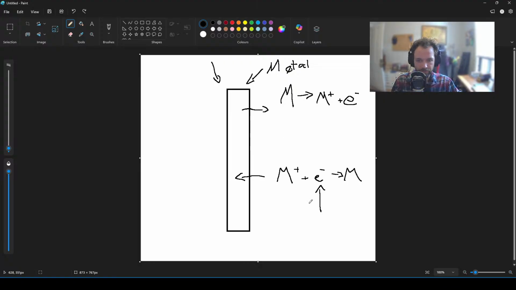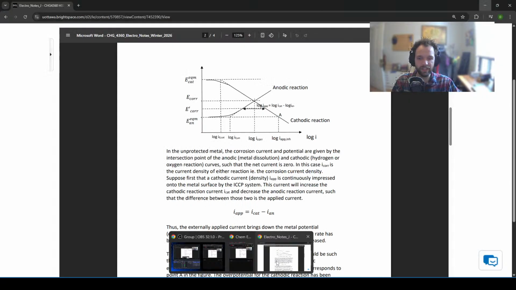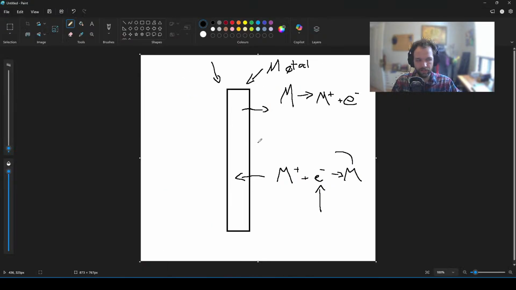So if the potential energy here goes up, then the reaction shifts this way. So if we decrease the potential of the cathode, that's what happens, because the more negative the potential is, the more active your electrons are.